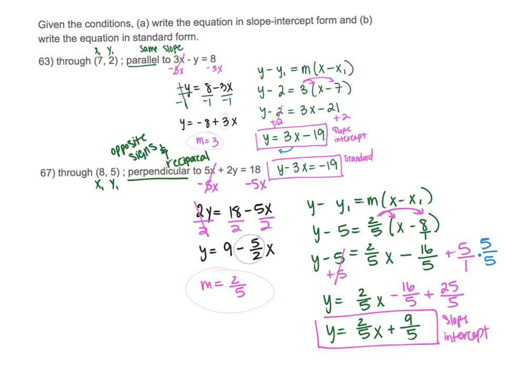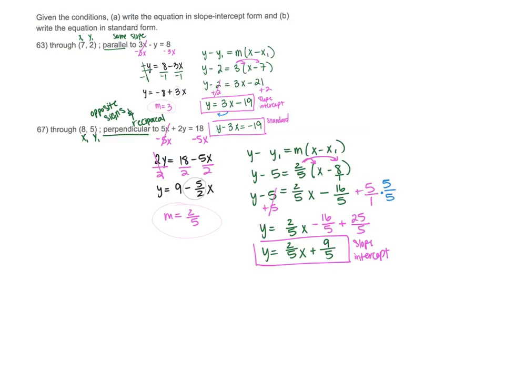So to find standard, I need to move this x over, and that's going to take a little bit of work. All right, so I think I've shrunk it to give enough room here. So what I'm going to do is first subtract the 2 over 5x over, giving y minus 2 over 5x equals 9 over 5, right?